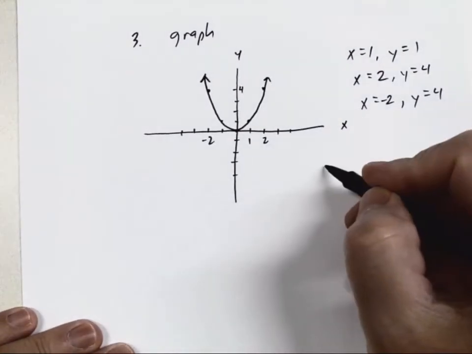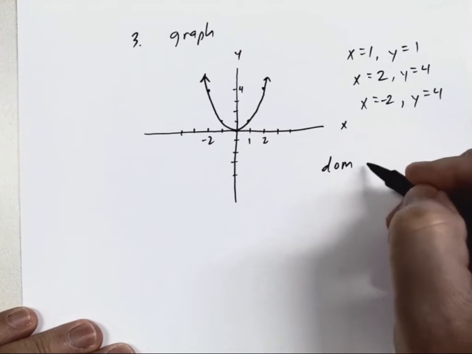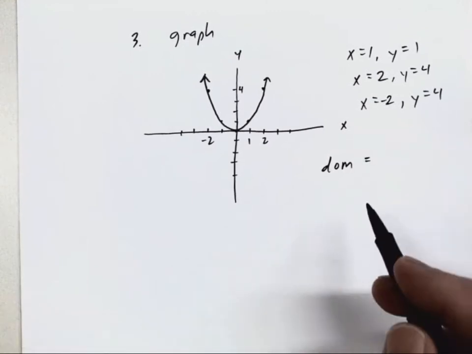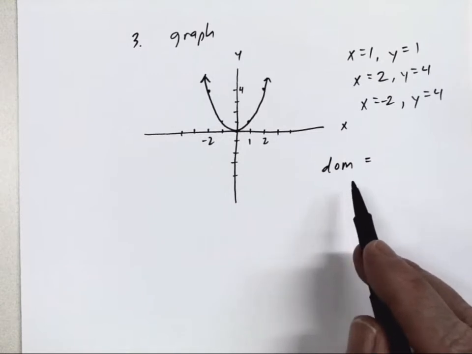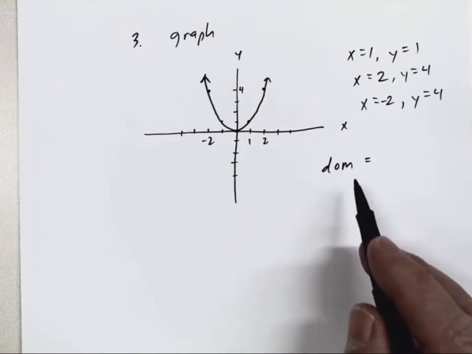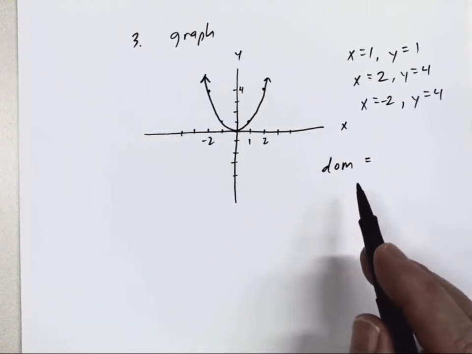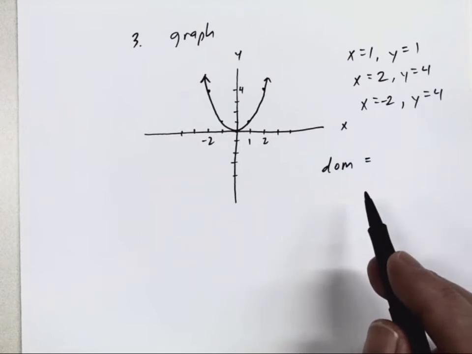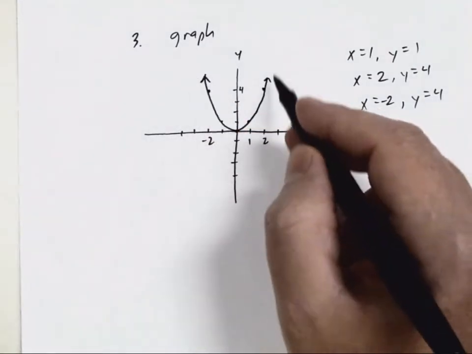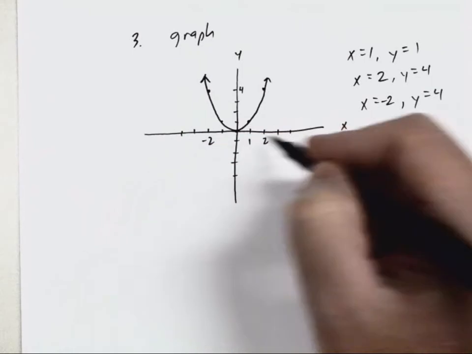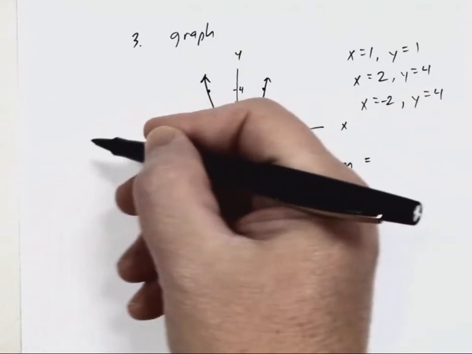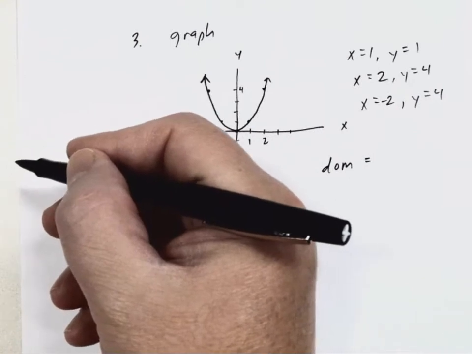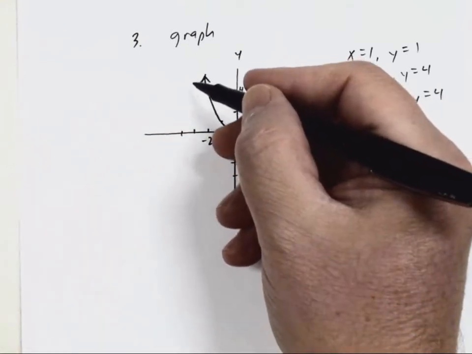How about domain and range of a graph? Very straightforward. The domain says I'm looking at the values of x. I'm going to write an interval for my domain and ask myself, what is the smallest value of x for this graph? In other words, here's my x-axis. If I start heading as far as I can to the left, how far does this graph go?